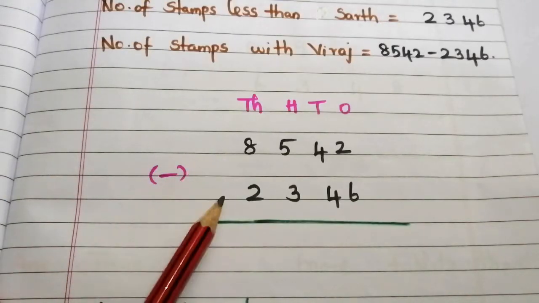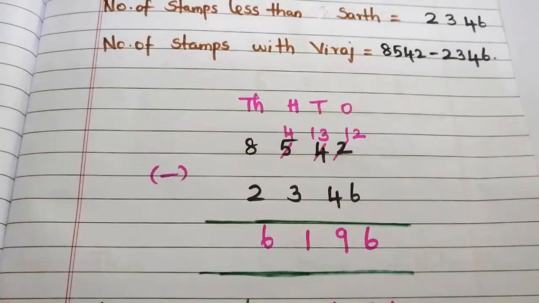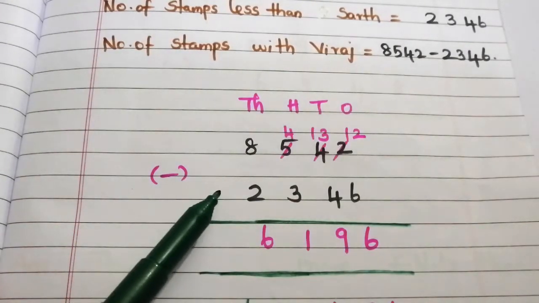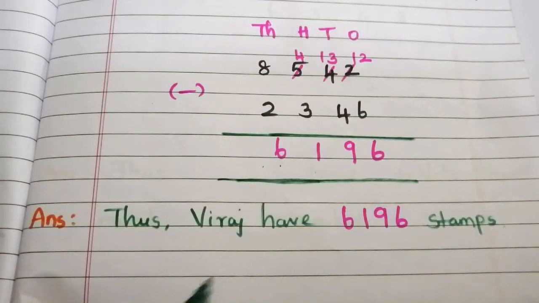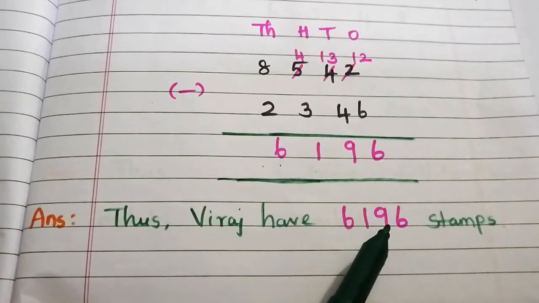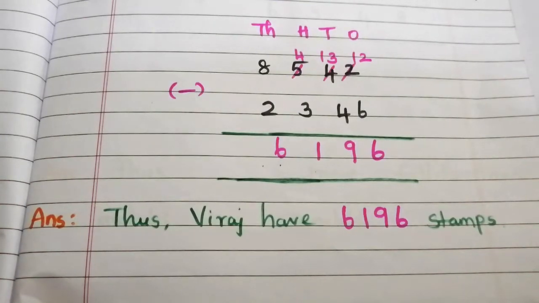After writing the two numbers vertically, we have to start the subtraction operation from ones place. After doing subtraction operation, we get this answer, 6,196. Thus, Viraj has 6,196 stamps less than Sarth.